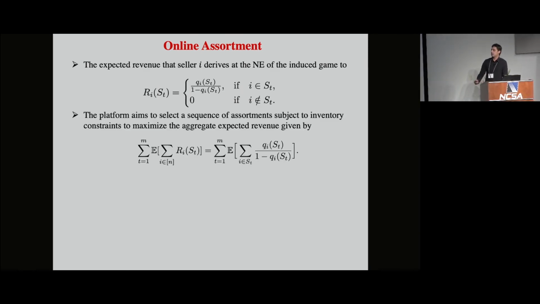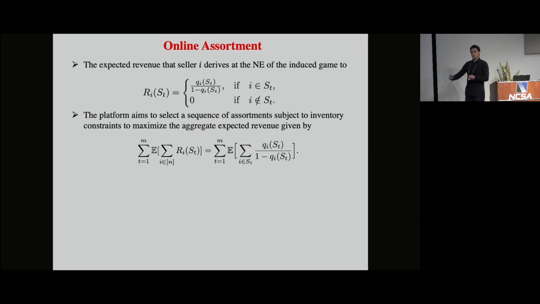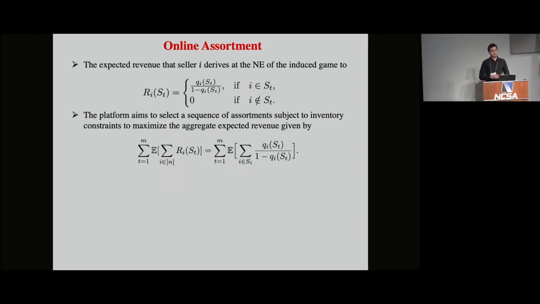And the platform's goal is to come up with a sequence of assortments which respect the inventory constraints, and we want to maximize the overall revenue that we can extract from all these items, all these sellers, over the horizon. So that's the online assortment problem.